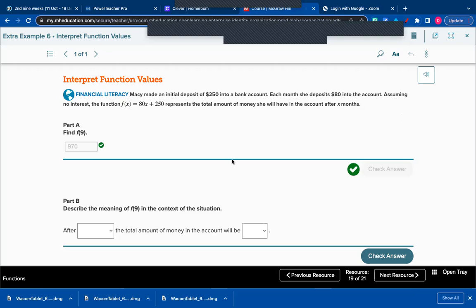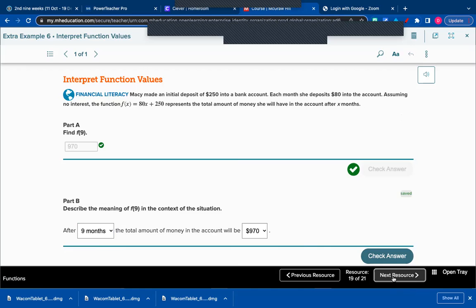What does f of 9 mean? We substituted x for 9. x is the number of months. So f of 9 means after 9 months, the total amount in the account will be, we already figured that out, $970.